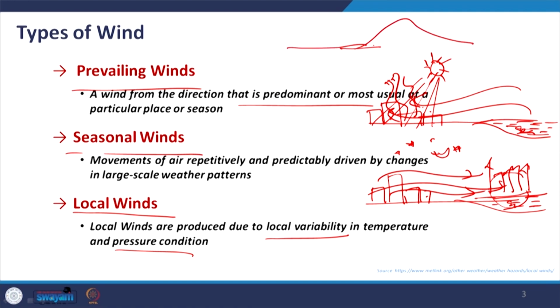So, based on that this can change. Whenever there is a change in temperature, it has a relation with the pressure as well. So, then low pressure, high pressure will be created. When temperature increases, that will create a low pressure area, and then from high pressure to low pressure there will be movement.